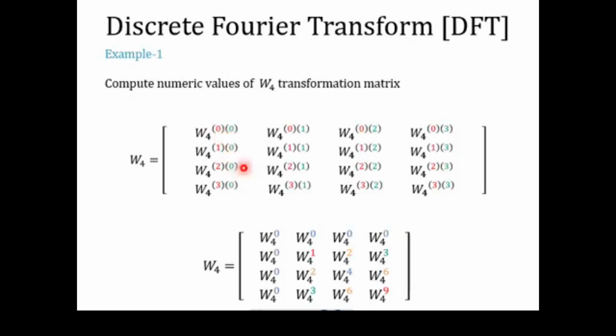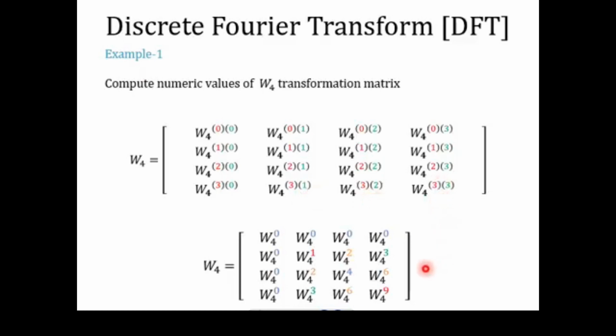So 0 into 0 is simply 0, 0 into 1 is 0, so you will find 0 in the superscript of both the first row and first column. Similarly, 1 into 1 is 1, 1 into 2 is 2, 1 into 3 is 3, 2 into 1 is 2, 2 into 2 is 4, 2 into 3 is 6, 3 into 1 is 3, 3 into 2 is 6, 3 into 3 is 9.